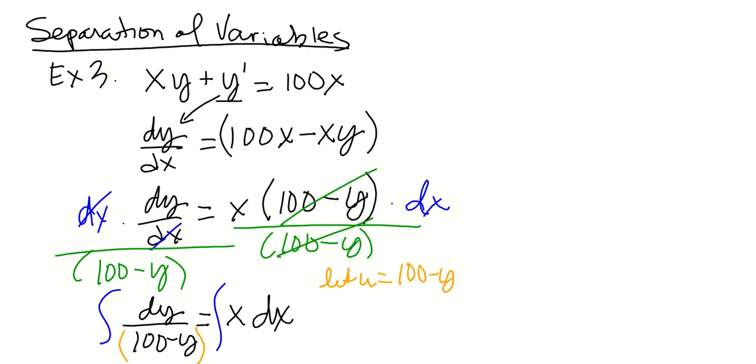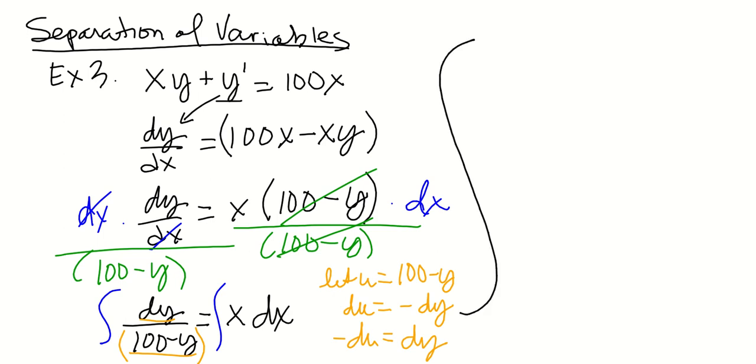And as we do, I'm going to take the derivative of both sides, and I get du equals negative dy, which means if I divide both sides by a negative, that negative du equals dy. So that gives me a substitution for 100 minus y in terms of u, and a substitution for dy. So we're going to make those substitutions.